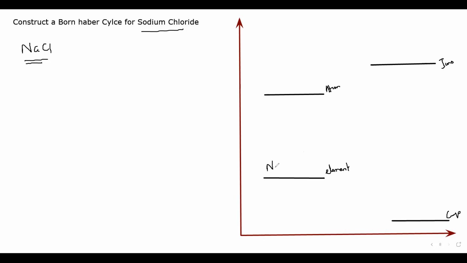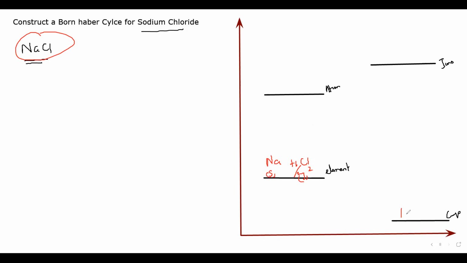So what are the elements here? We have sodium, and we have chlorine, the elements in their standard state. Sodium is a solid at room temperature, whereas chlorine is a gas. But to form sodium chloride, we don't need 2 chlorine atoms, we need only 1. So I should have a half chlorine molecule, because 1 chlorine molecule would give 2 chlorine atoms.